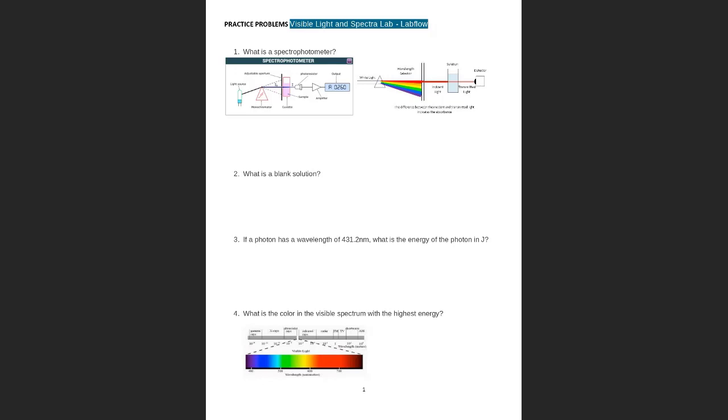But what is a spectrophotometer? It's an instrument that measures the intensity of light absorbed after it passes through a sample solution. So we talked about intensity, but now we need to measure. We are going to use that spectrophotometer. Spectrophotometers measure intensity as a function of the light source wavelength, lambda.